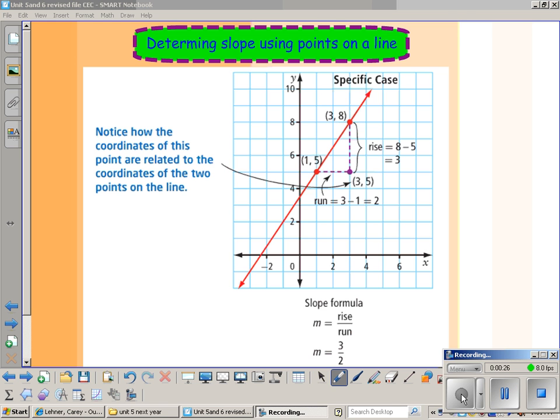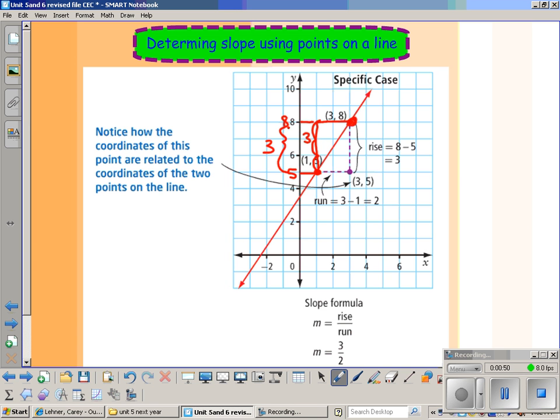The first coordinate right here is at (1, 5), and the second coordinate is at (3, 8). If we're looking at the rise from these, if we were to go in an upwards triangle, we would be doing a rise of 3. Now the rise is the change in y's. Notice how we're going from a y coordinate of 5 to a y coordinate of 8.